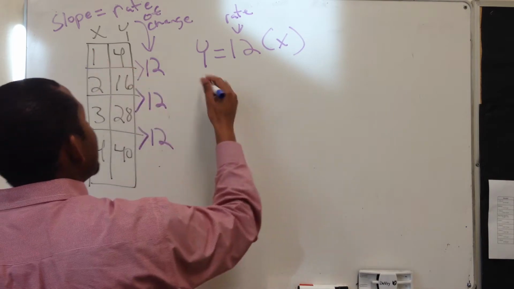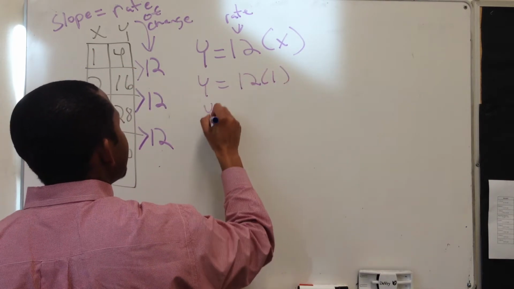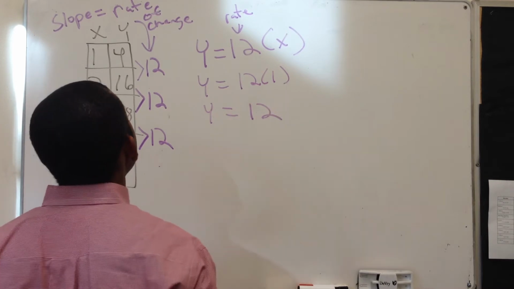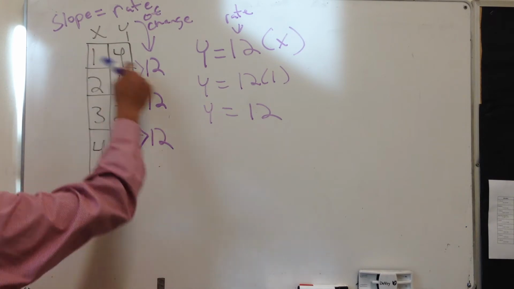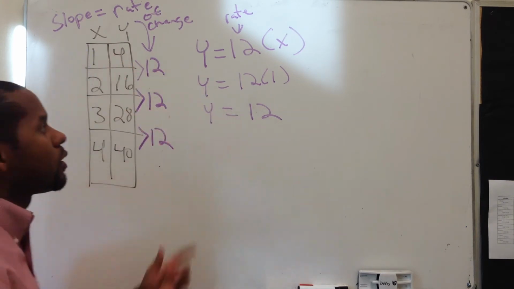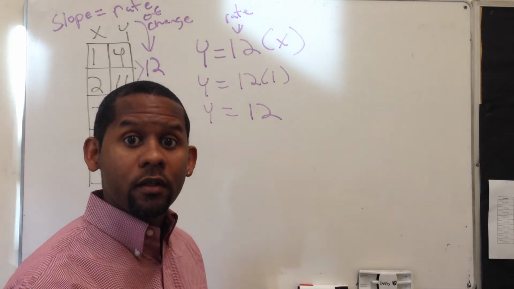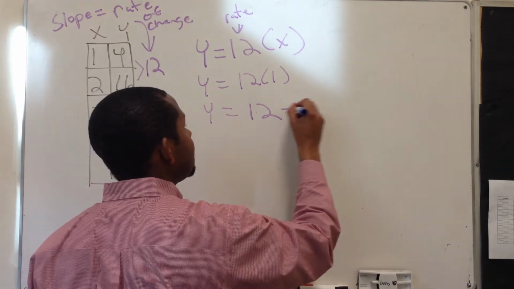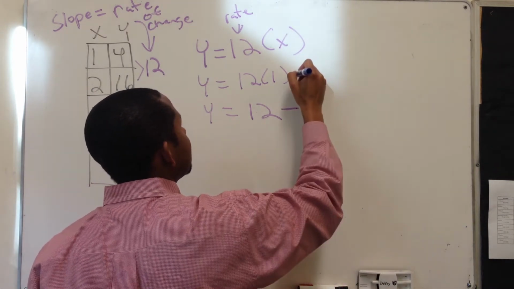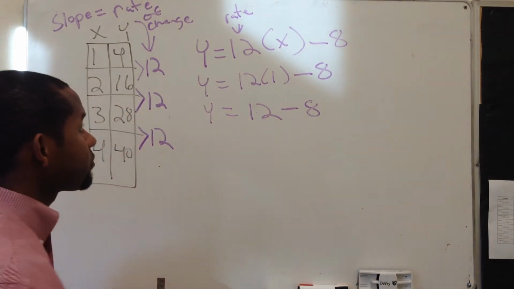If I plug a 1 in for x, y equals 12 times 1, I end up with y equals 12. That's not right. When x equals 1, y should equal 4. So how am I going to go from a 12 to a 4? I'm going to subtract 8.